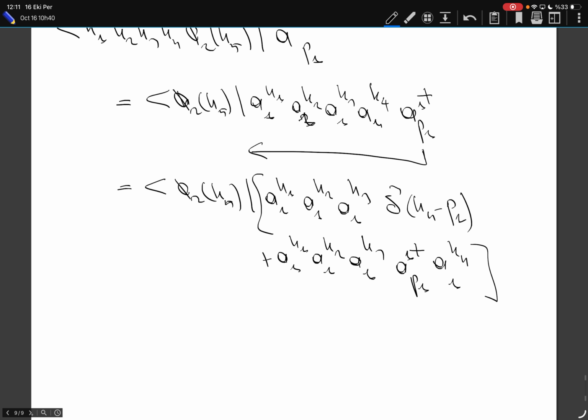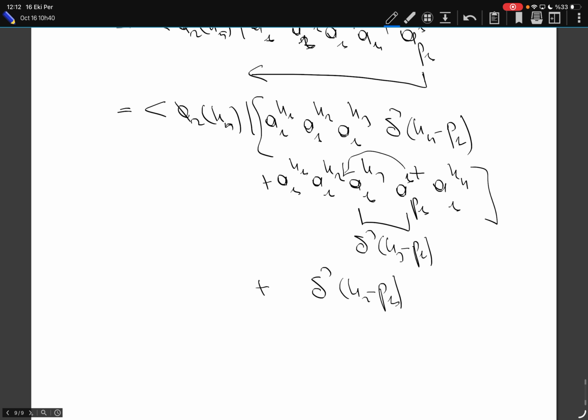When I commute this one with this one, I will get a Dirac delta of K3 minus P1. And then A1 will move here. If I commute A1 dagger P1 with A K2, I will get another term with Dirac delta of K2 minus P1, and another term with Dirac delta K1 minus P1.